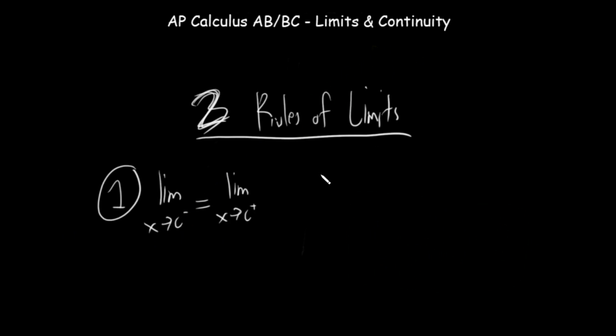They have to be equal to each other. And the second rule is that these limits cannot equal plus or minus infinity, because that would mean we have a vertical asymptote, and vertical asymptotes invalidate limits.